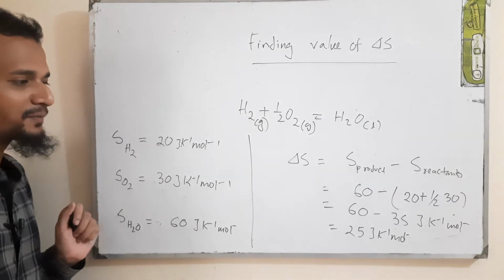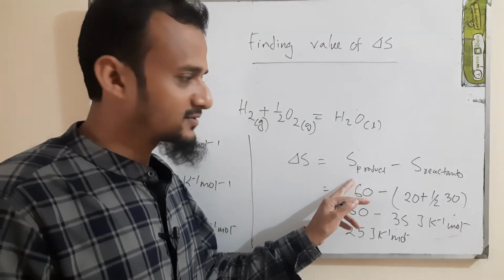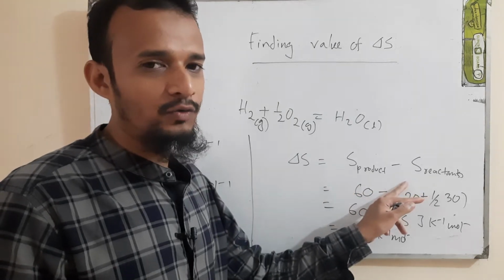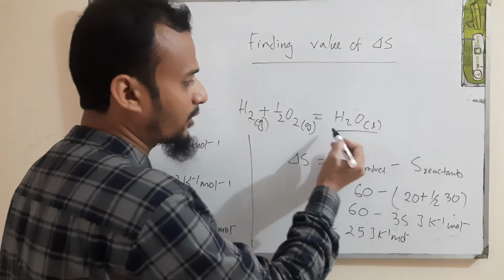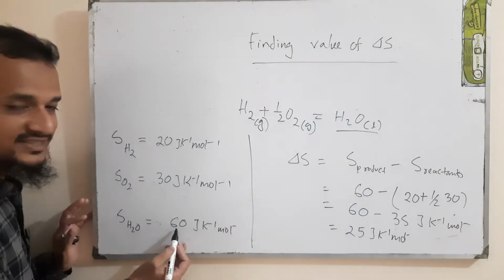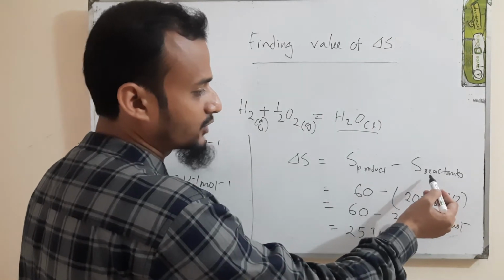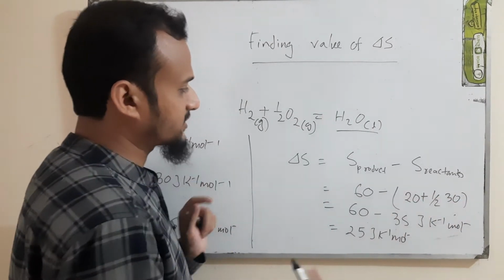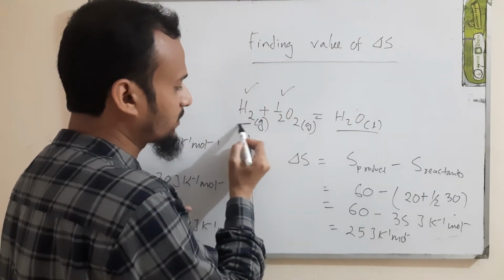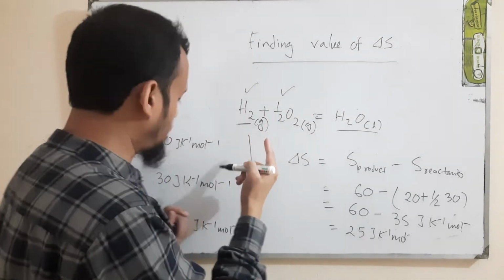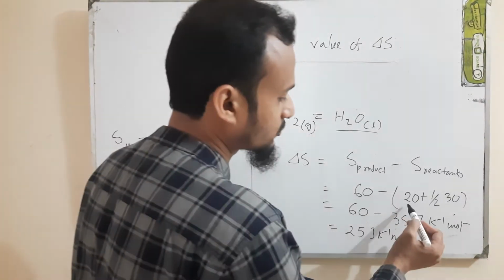It's very simple. Delta S is equal to the entropy of product minus entropy of reactant. So the product is H2O. How many moles? 1 mole, 60, right? So 60 minus the entropy of reactants. What are the reactants? This is one reactant, this is one reactant. Hydrogen is 1 mole, and we know from the data its entropy is 20 joule per Kelvin per mole, so 20.